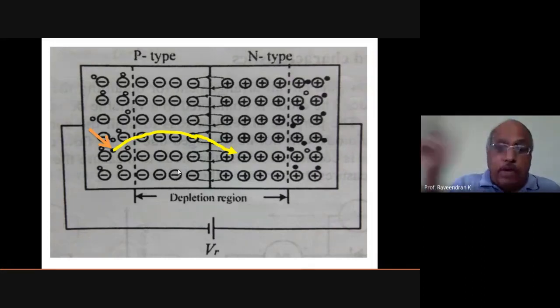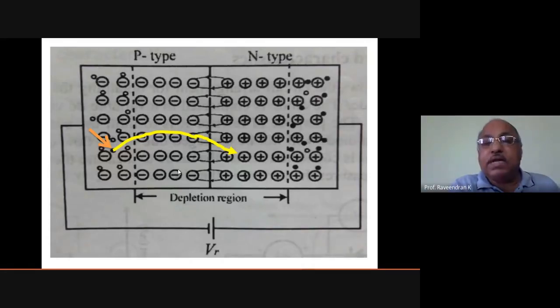But in the forward biased condition, what happens? Effectively, the depletion region gets reduced. So finally, if the applied voltage is more than the barrier potential, the diode starts conducting and a very high current flows in the forward biased condition.